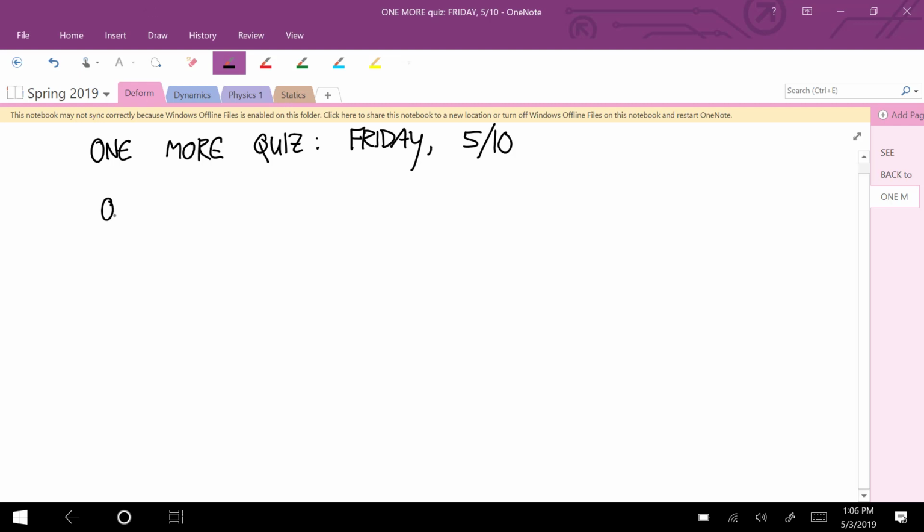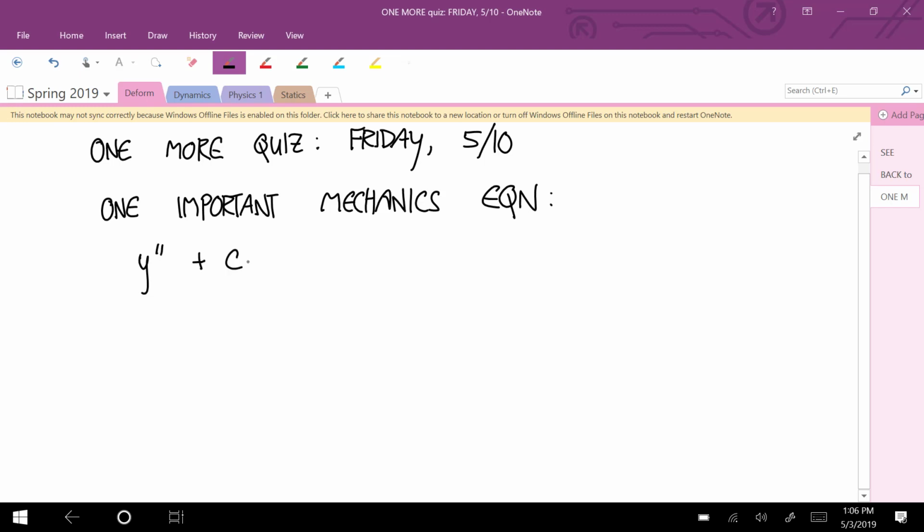So one important equation in mechanics type engineering, one important mechanics equation, is the differential equation, let's call it y double prime plus some constant times y is equal to 0.